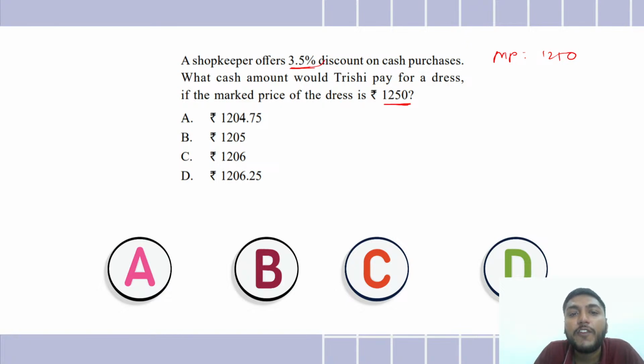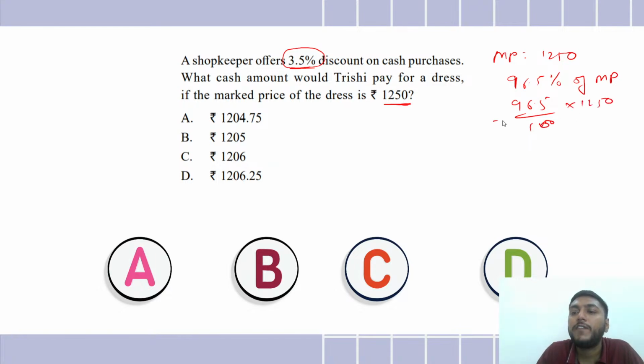So when 3.5% is removed from 100%, we get 96.5, right? 96.5% of the marked price. So this 96.5 by 100 is multiplied by 1250 and we can directly get this answer, right?